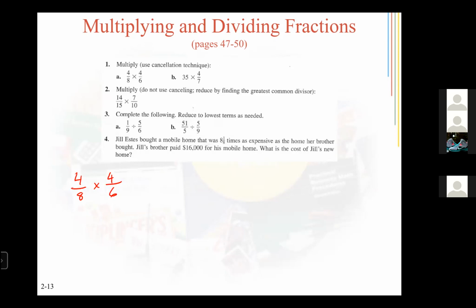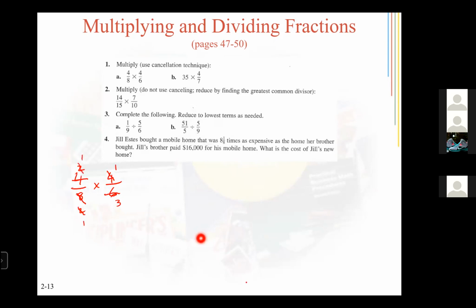For example, you could say 2 into that is 2 and 2 into this is 3. So you have done some canceling there. Then you could go again and say 4 into this is 1 and 4 into that is 2. Then 2 into 2 is 1 and 2 into 2 is 1.